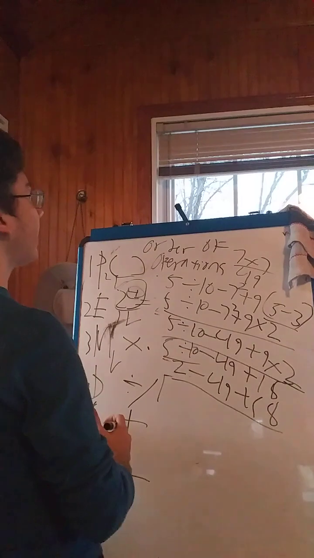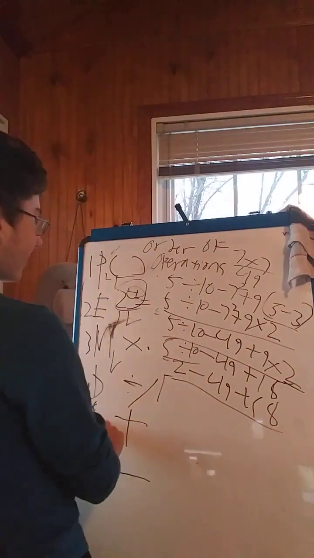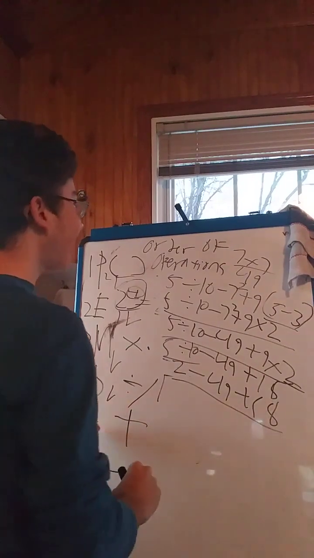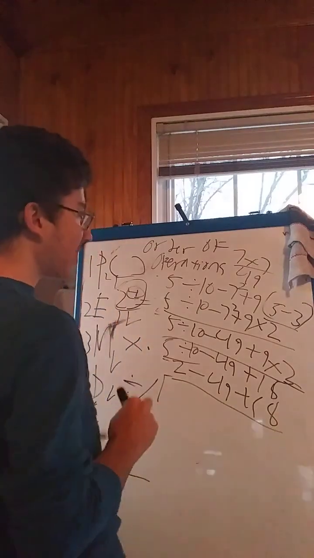You want to do it exactly in order. So the A. So you've done the D, which is the divide. Then you move on to the A, which is the add. A stands for add.